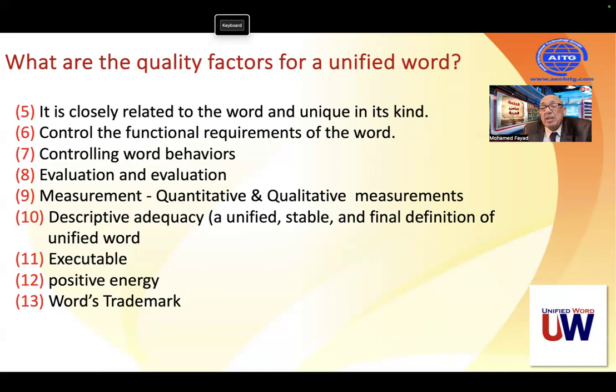And we call this descriptive adequacy. Because again, we are tired of everybody coming up with their own definition. These are completely different concepts. And everybody tries to influence everybody else about their definition. This is bizarre. Now, for the first time, we're going to be able to do it.